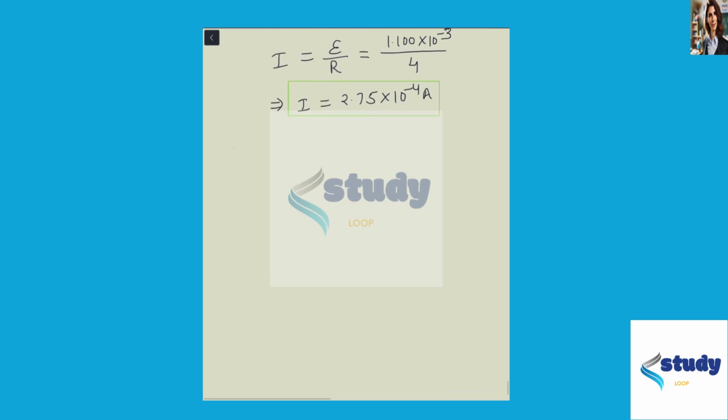Moving to the next part, D, in which we have to find the induced EMF between A and B. The induced EMF between A and B will be equal to E multiplied by pi r, where pi r is the distance between the two points A and B. Putting values, EMF will be equal to 1.75 multiplied by 10 to the power minus 3, which is the value of the electric field, multiplied by pi, and r is 0.100 meter.